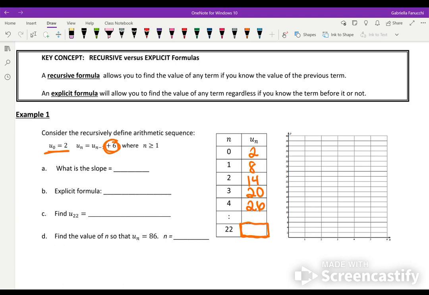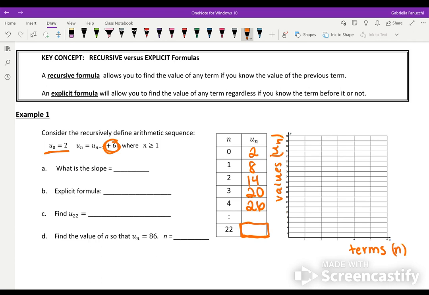Before we do, let's go ahead and graph. Okay. And so let's just go ahead and label this. This is going to be our term, and these will be our values. So u sub n, and then we have our n. Okay.